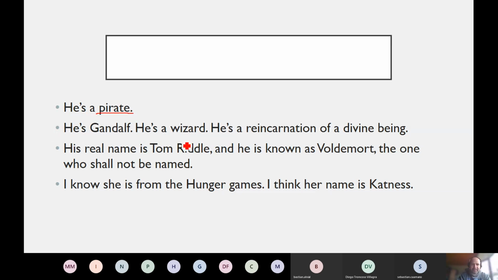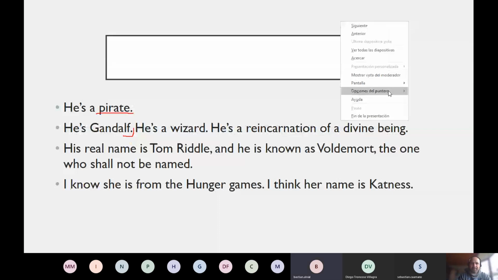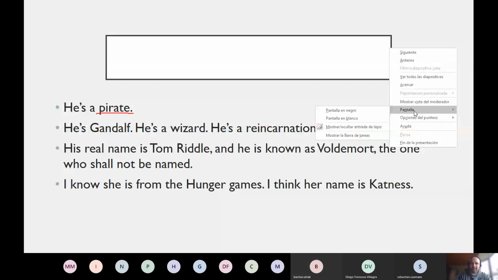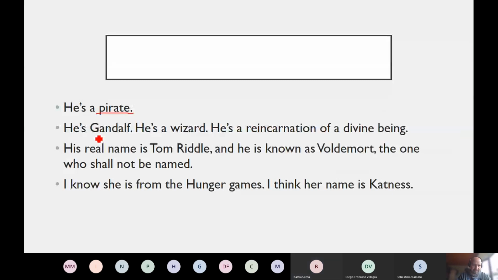Here we have three sentences. In the first one, which is the one that receives more emphasis? Gandalf, all right. Please, if you disagree, if you think it's another one, just say it. This virtual class is the moment to say it.